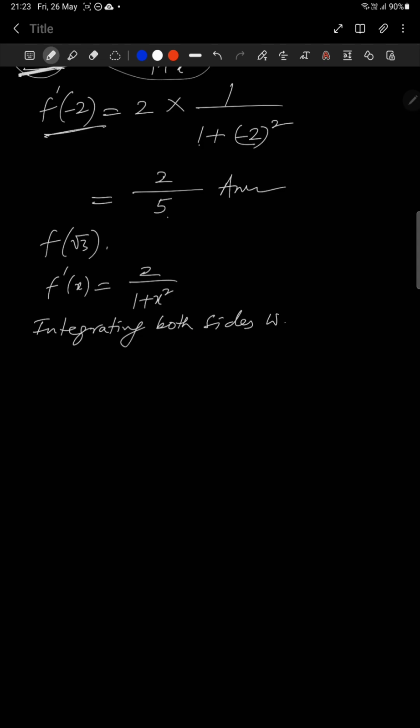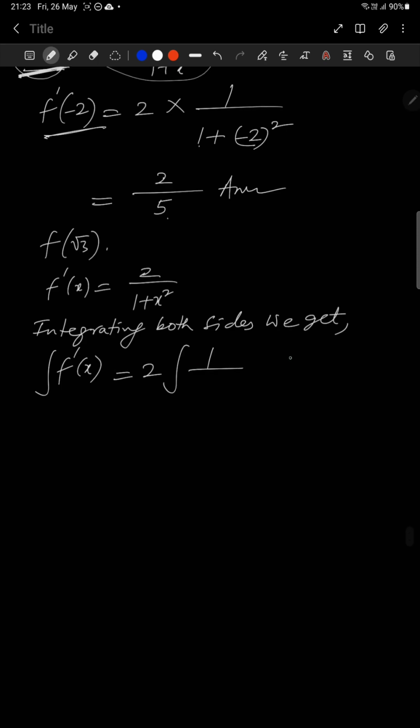We get f dash x is equal to 2 integral of 1 over 1 plus x square dx.